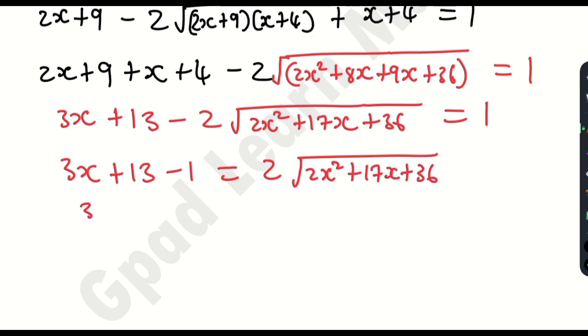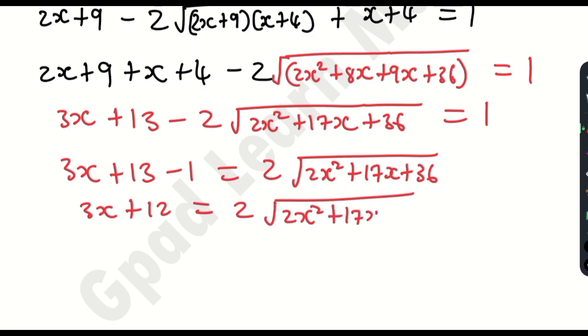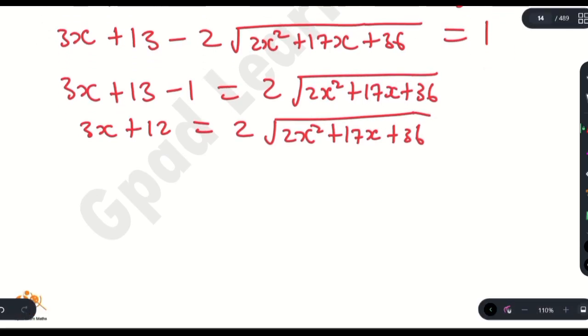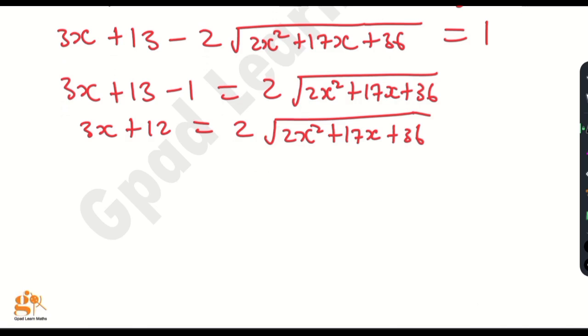Beautiful. So I have 3x, 13 minus 1 is 12, and this is equal to 2 with the square root of 2x squared plus 17x plus 36. So what should be the next thing? We're going to square both sides because I still want to get rid of this square root.